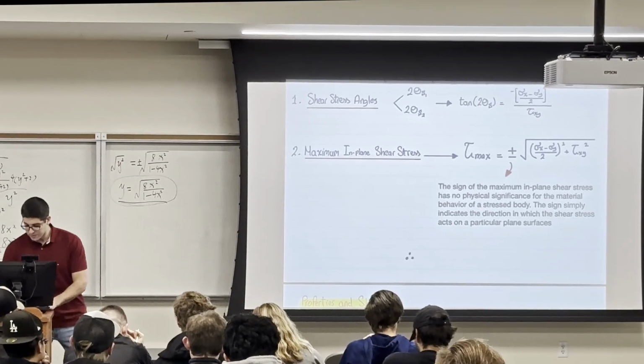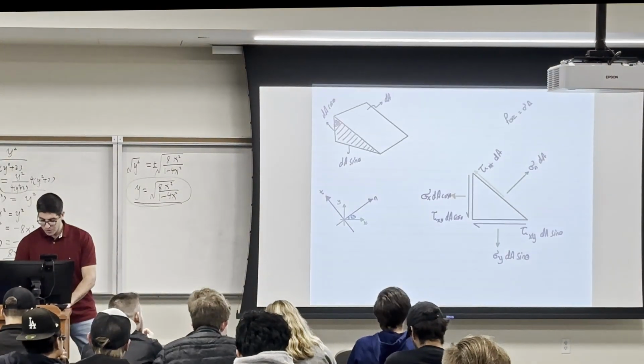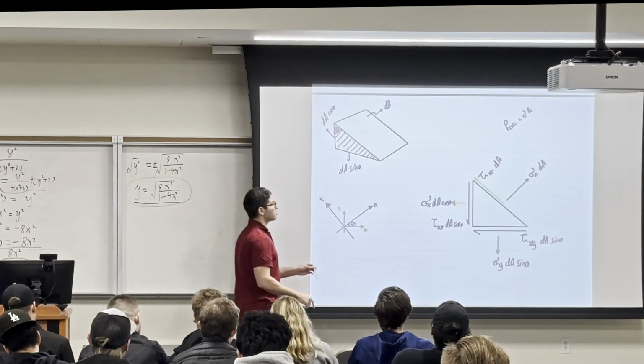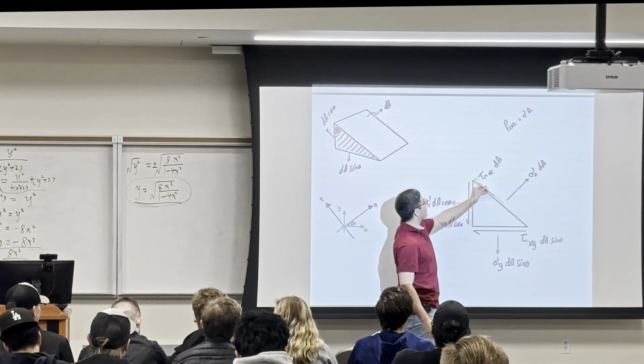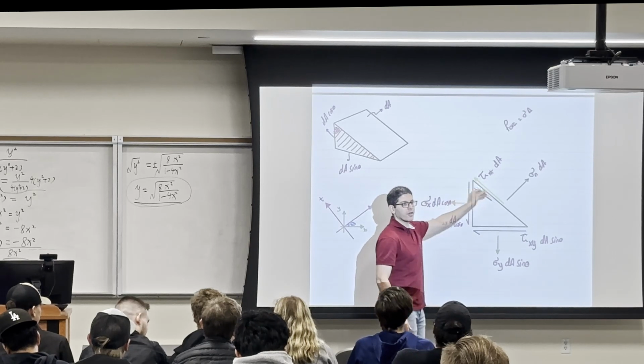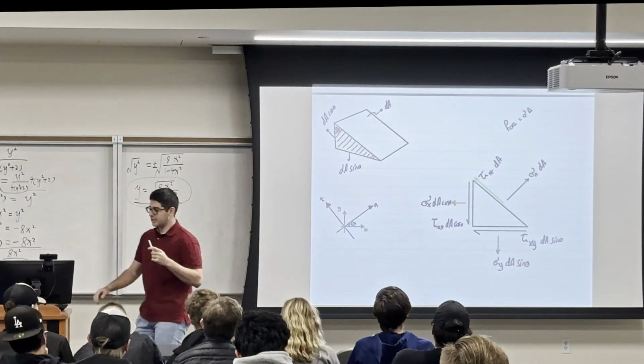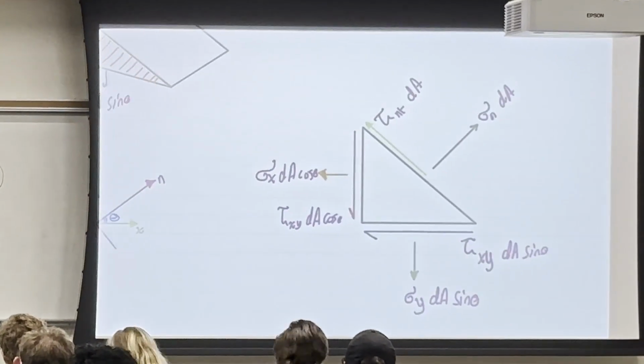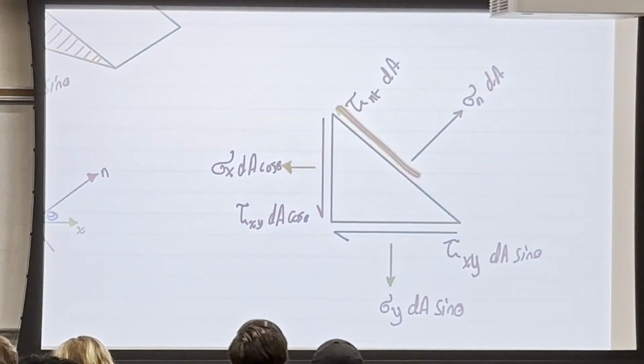In different words, last lecture, when we wanted to come up with a tau nt in the first place, we assumed that the tau is going that way. And when we did the summation Fn and summation Ft, we had that the tau nt was positive because this direction, for example, was correct.